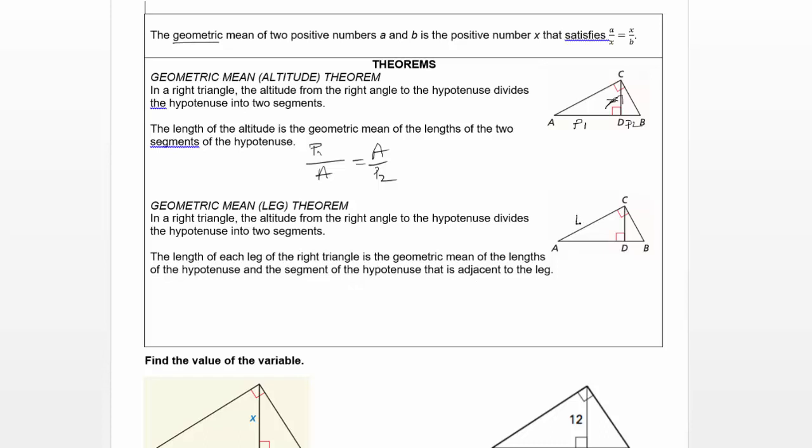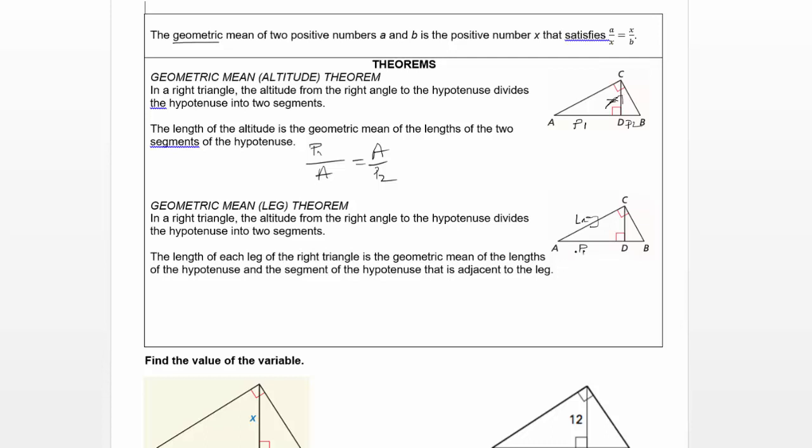If you look at a leg of a right triangle that's been divided by an altitude to the hypotenuse, then when you redraw and identify the corresponding parts, look at this part that's adjacent to the leg, adjacent meaning touching. If I'm looking at the leg AC, then this part of the hypotenuse from D to A is adjacent to this leg because it eventually touches this part.